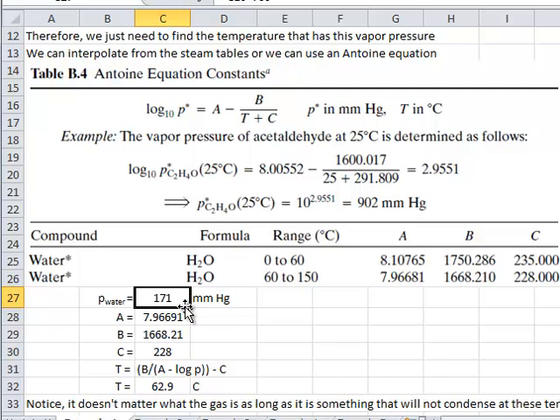And so now I want to solve this equation for the temperature that will cause the vapor pressure to be 171 millimeters of mercury. So using these constants and solving this algebraically for T, I was able to find that it was 62.9 degrees C.